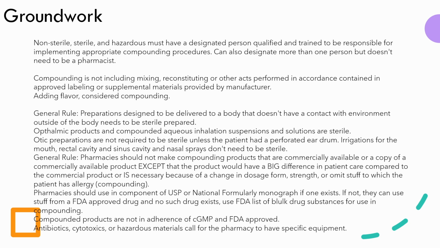Essentially, with groundwork, I'm just going to read this verbatim. Non-sterile, sterile, and hazardous compounding must have a designated person that is qualified and trained to be responsible for implementing a certain type of procedure. They can also designate more than one person, but it doesn't need to be a pharmacist. So a tech can be a designated person here.